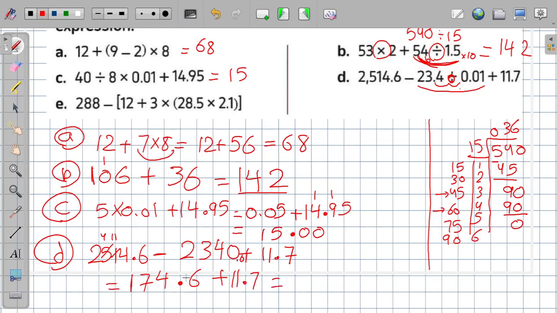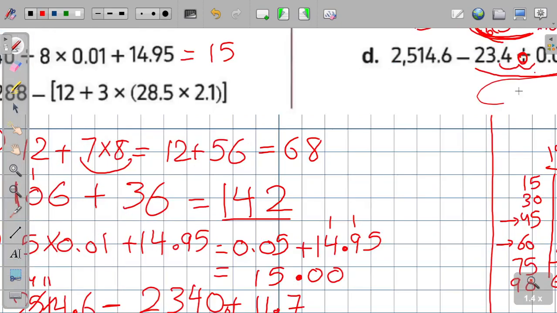So, I have 6 plus 7 equals 13, so I have 3 and carry 1, and I will put the decimal point. 1 plus 4 equals 5, 5 plus 1 equals 6, and 17 plus 1 equals 18. So, the final result will be 186.3. And this is the final result, 186.3.